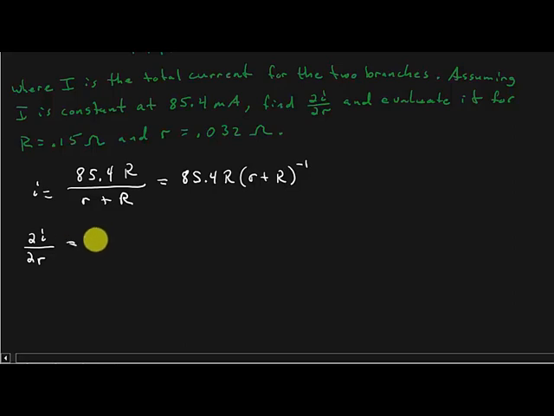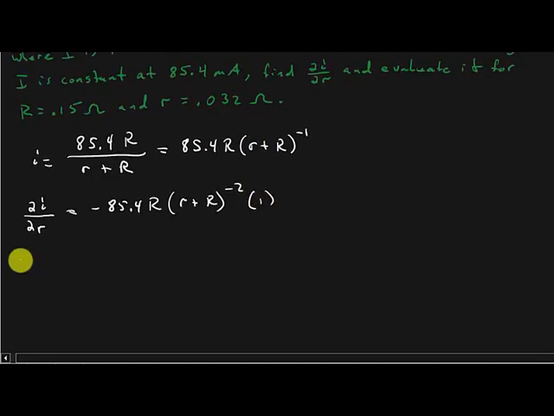That's going to be negative 85.4 times big R times little r plus big R raised to the negative 2. And we're doing chain rule, so times the derivative of little r, which is 1.